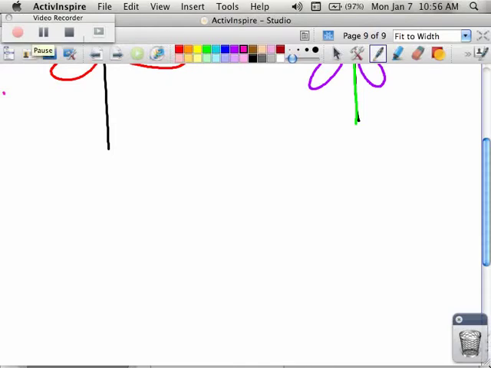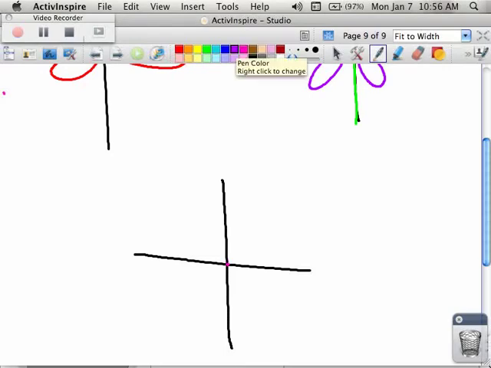The last symmetry is pole symmetry, and I usually have difficulty drawing this, so please forgive me if I botch it the first time. But I'm trying to draw something that would spin around the origin, which is right here, and not be, it could be, but not be the same as the other one, so I'm going to try my best to show you what that looks like, but I may struggle, I don't know.